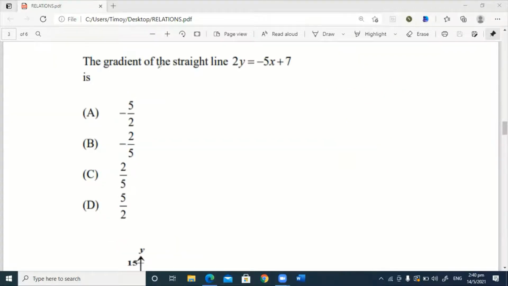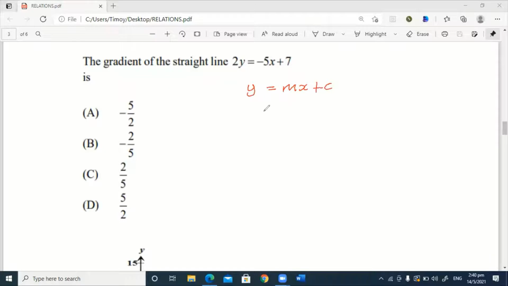The gradient of a straight line 2y equals minus 5x plus 7 is, before we can state the gradient of this line, we need to write this line in the general form. What's the general form? General form is y equals mx plus c, where m is the gradient, right?